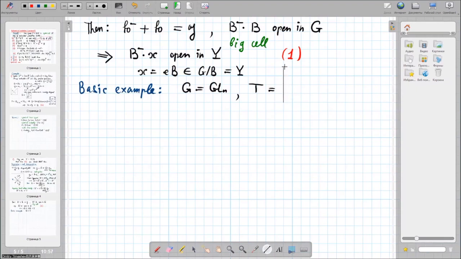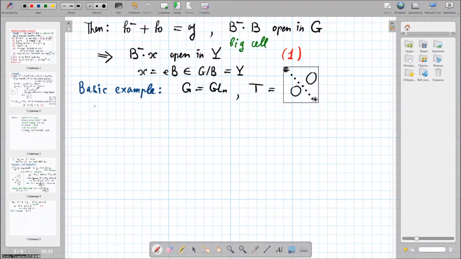The diagonal torus. What are the root subspaces?